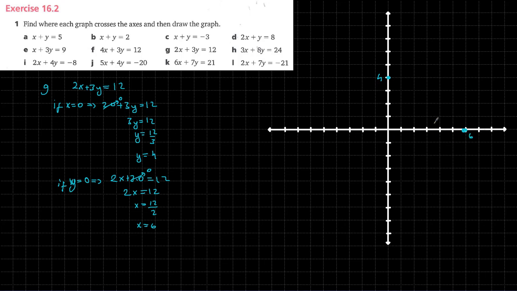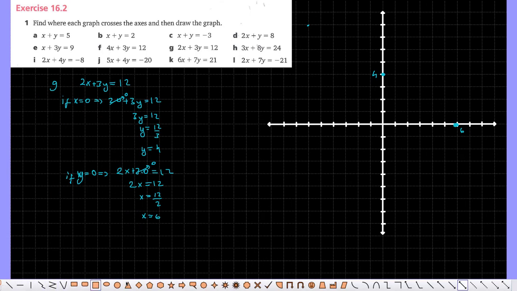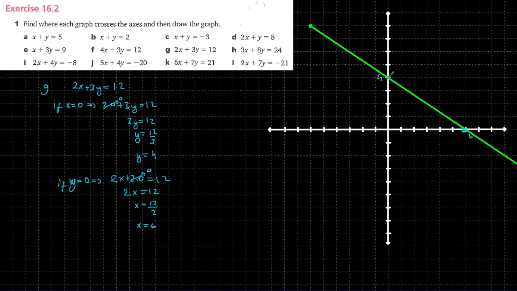So if I draw the line which is passing through those points, I think it's going to be here. It's going to start from here. I'm going to again use the help of the tool. Yes, it's already selected. So I'm going to start from this point and it's going to pass through these 2 points as you see, and this is the line which is passing through 4 and this is passing through 6.